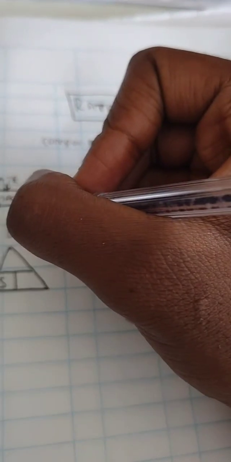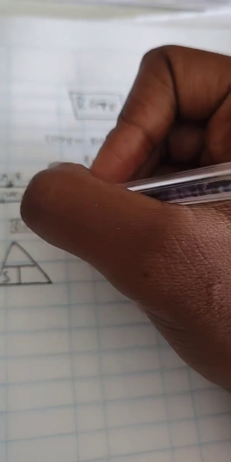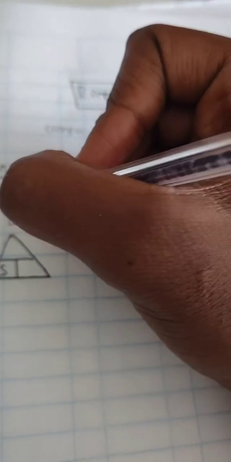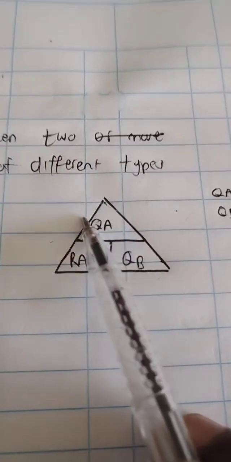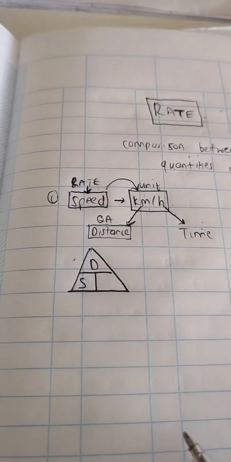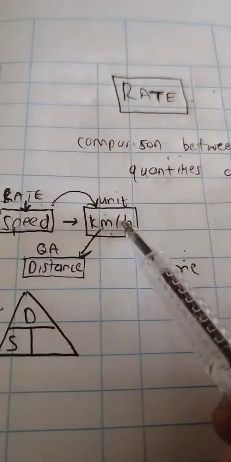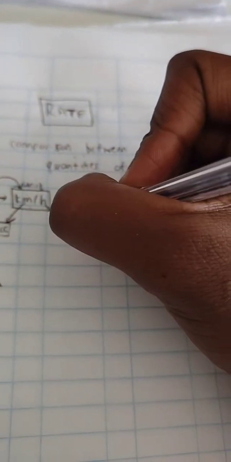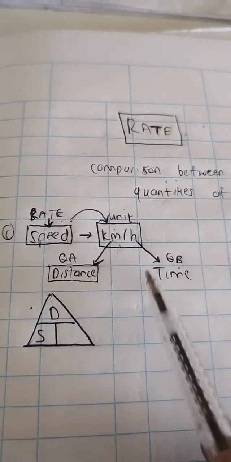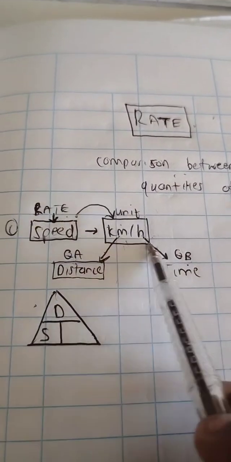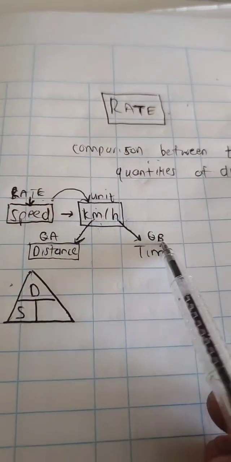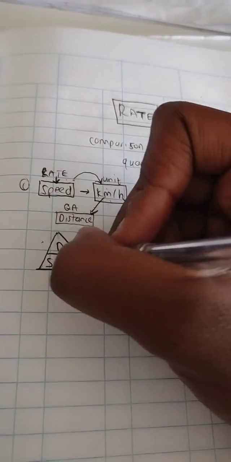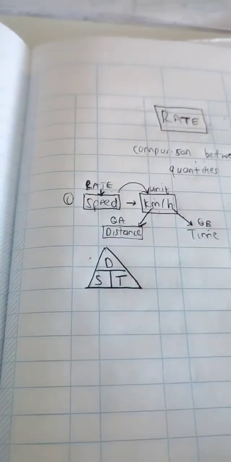Therefore, kilometers, which represents distance, will be quantity A. Where does quantity A belong? It belongs there at the top. Then hour is the second quantity that appears in my unit. So that quantity belongs here.